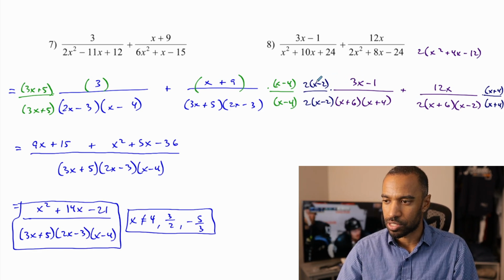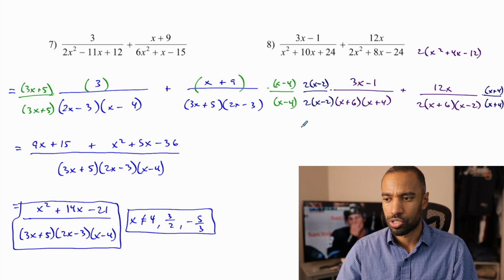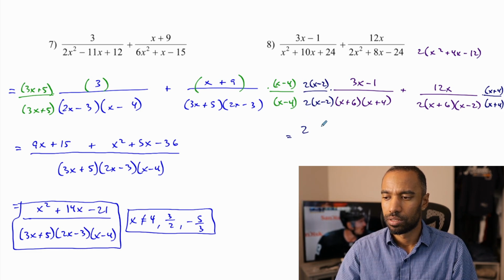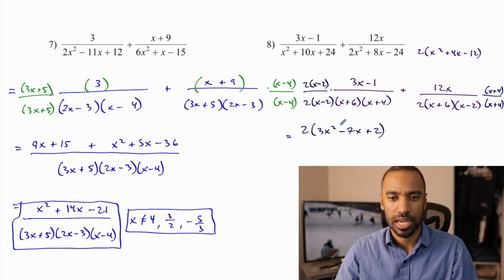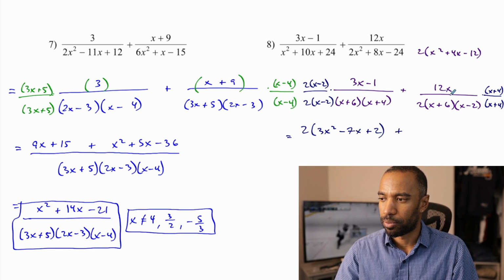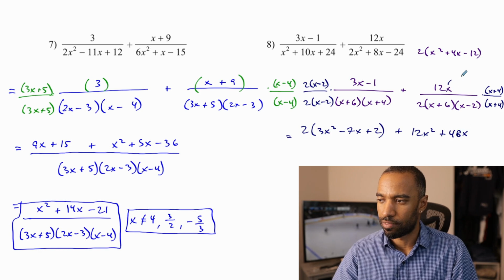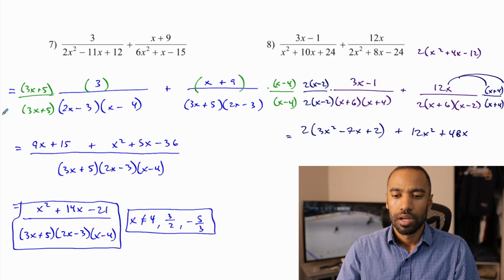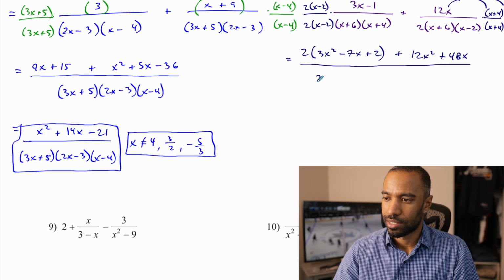First, let's FOIL this thing out. We'll get 3x squared minus x minus 6x plus 2. What was that? 3x squared minus 7x plus 2, and times the 2 on the outside. And then plus 12x squared plus 48x as we distribute the 12x into those two there. This all divides by all that.